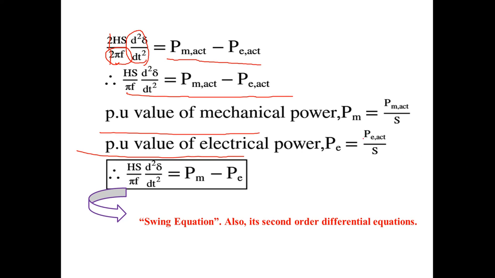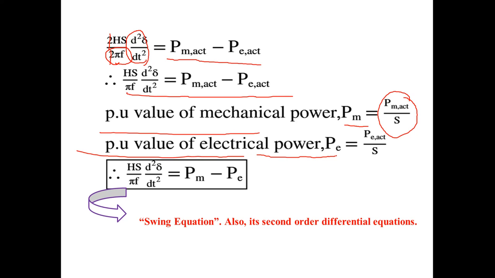So the per unit value of electrical and mechanical will be Pm by S. If the machine MVA rating is chosen as base value, then the per unit value of mechanical power will be Pm actual divided by S, also for electrical.